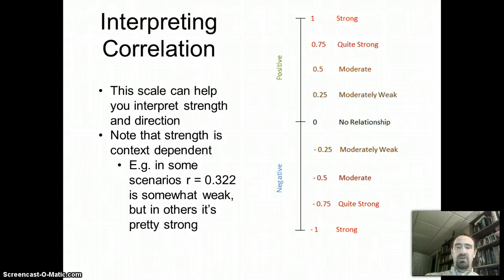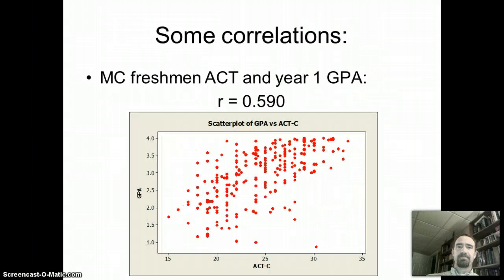On the other hand, if you're doing something in the social sciences like education research, a 0.322 might actually seem like a moderately strong relationship and something to take note of, just because so many other things have a lot lower correlations. In the end, for this class, you can use this scale consistently to help you make those judgment calls, and as you work into your specific field, you'll get a better sense of any kind of relative judgments that you need to make.